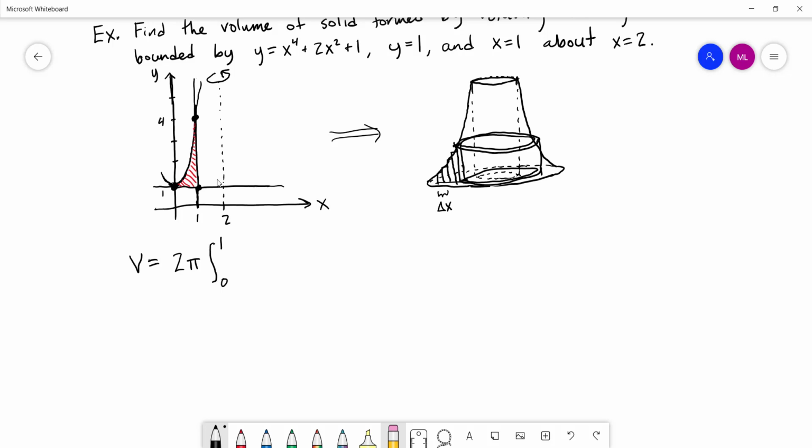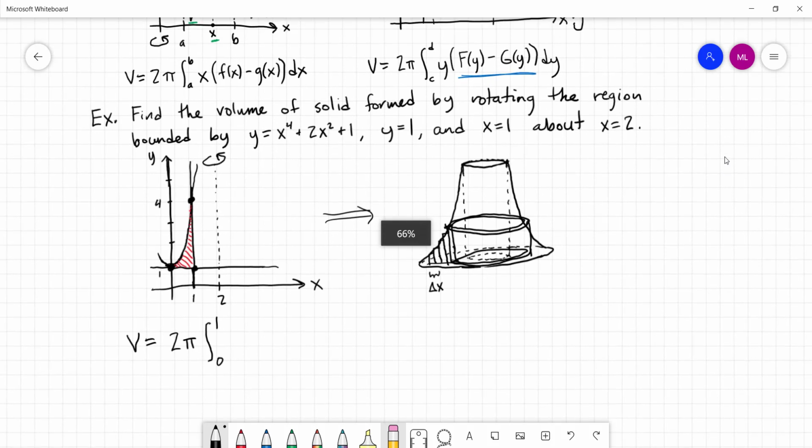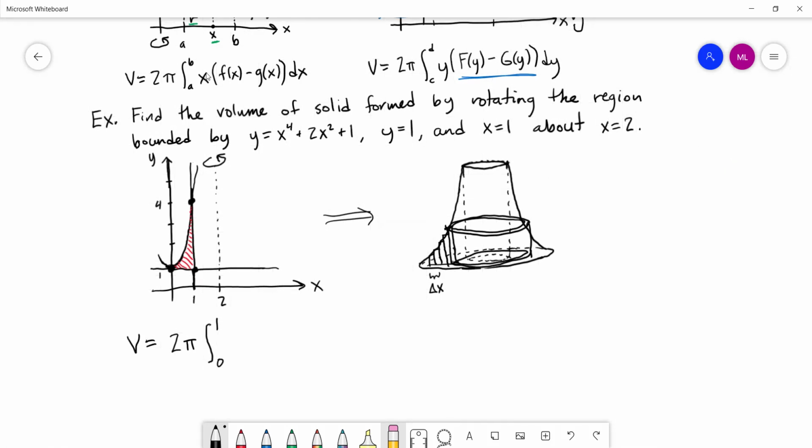Now we need our radius. So remember, the next piece we need is our radius. Here we just had x, but we had x because in this case we were rotating around the x-axis. Now we're rotating around this line, x equals 2. So if I want to figure out, say, this little rectangle, I need this distance here.